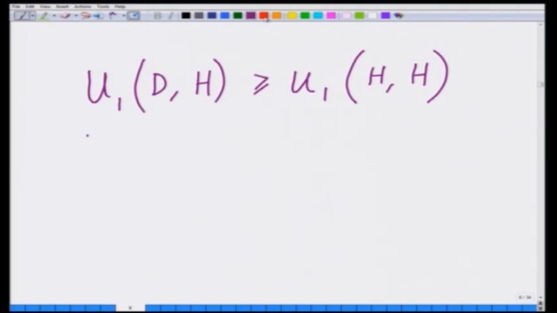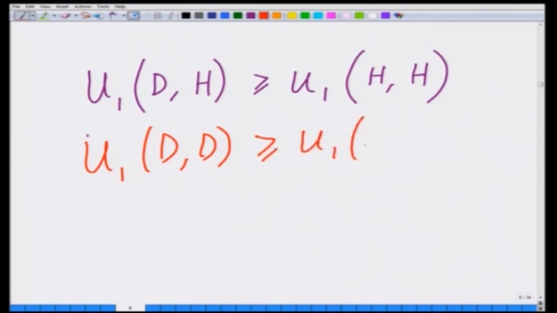Similarly, on the other hand, if country 2 is choosing defense, again defense yields a higher payoff in comparison to health.